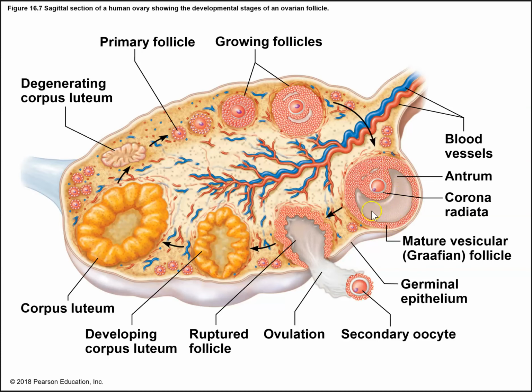During ovulation, the Graafian follicle ruptures and releases the secondary mature oocyte. Everything that remains becomes the corpus luteum, and eventually the corpus luteum degrades.